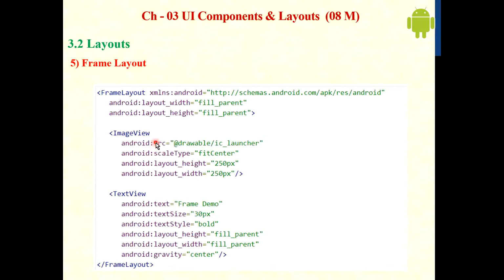So here we define some attributes of ImageView: source, scale type, layout height, width. Then we add one TextView and mention the attributes of TextView. So this is a sample. Here frame layout is closed. So this is sample code of the frame layout.